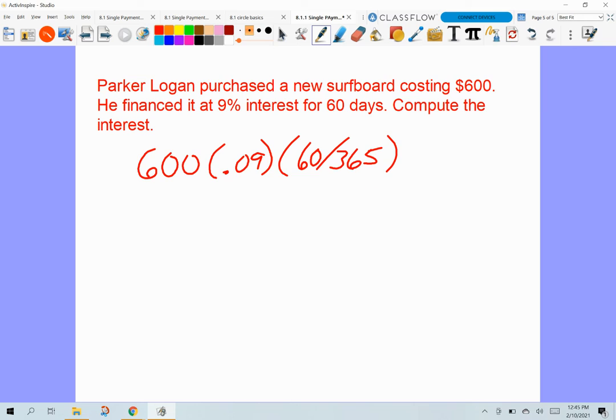Okay, so that is the fraction of the interest that he's actually paying. So 600 times 9%, 60 days out of 365. $8.88. Okay, if you neglect this part out here, you're paying way too much in interest. That adjusts it for the fact that your loan is only for a small window of time, not a full year.